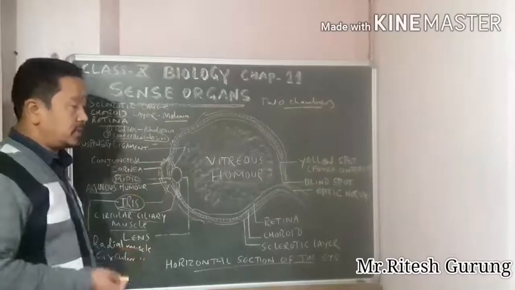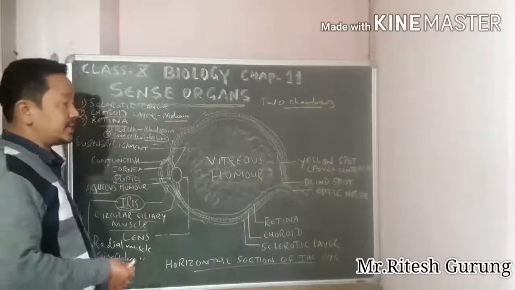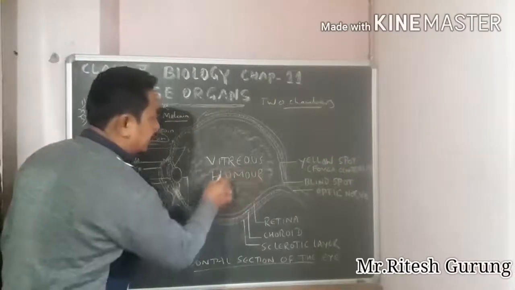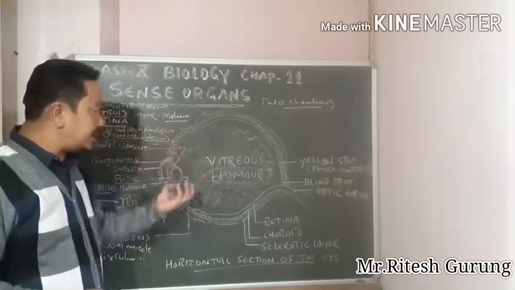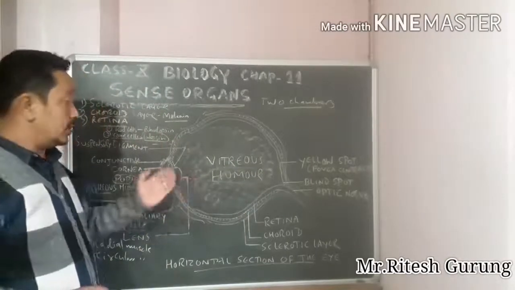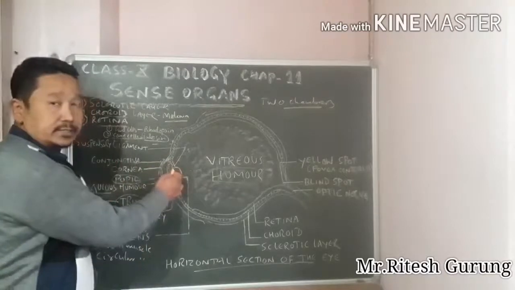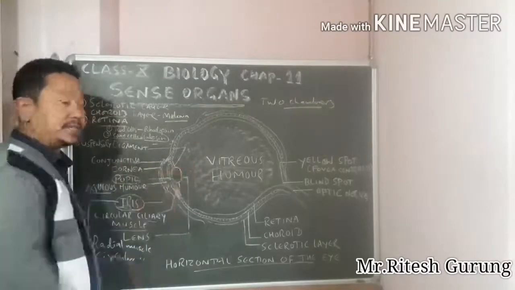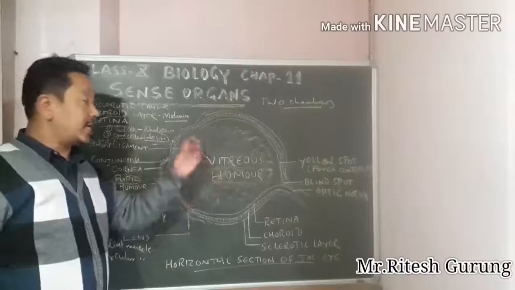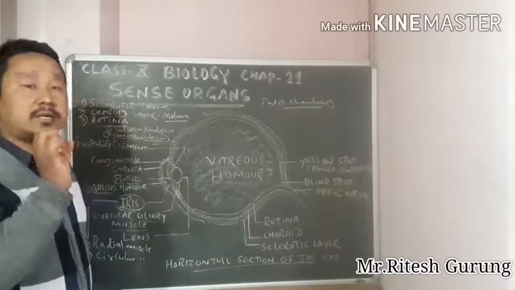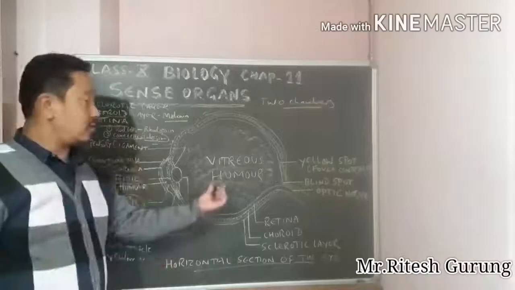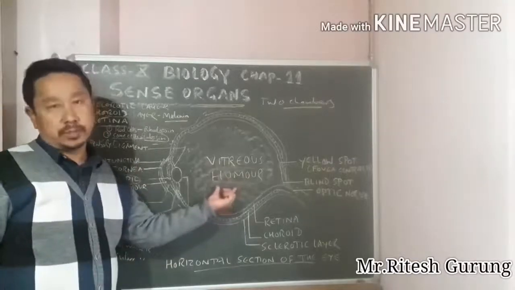The other chamber of the eye is the vitreous chamber, which is the larger cavity of the eyeball located behind the lens. It is filled with a transparent, thicker liquid substance called vitreous humor.